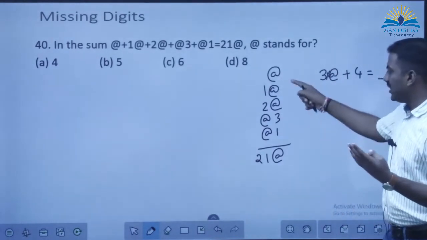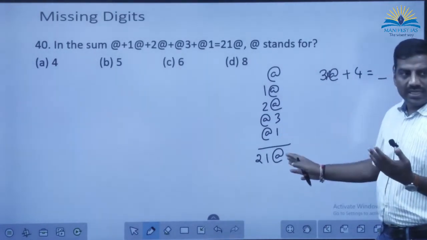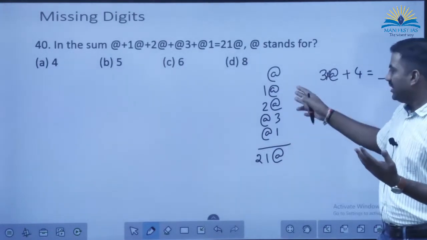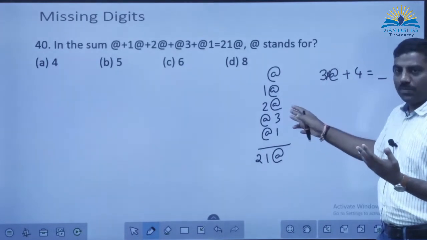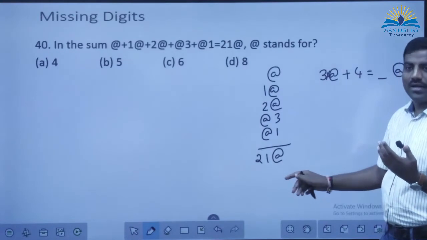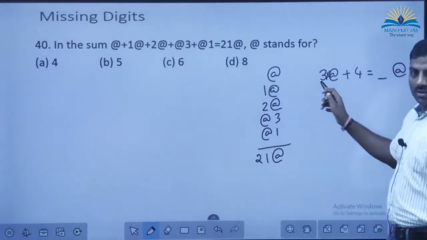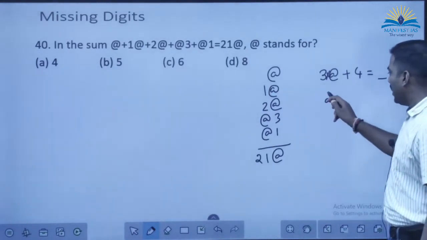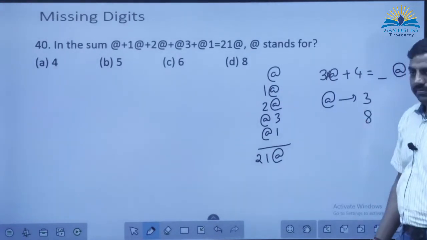Now check with 4. 4 3s are 12 plus 4, 16. 5 3s are 15 plus 4, 19. 6 3s are 18 plus 4, 22, no. 7 3s are 21 plus 4, 25, no. 8 3s are 24 plus 4, 28. Yeah, it is giving 8. I told you, check with 3, but don't be blind about 3. So it can be 3, it can be 8.